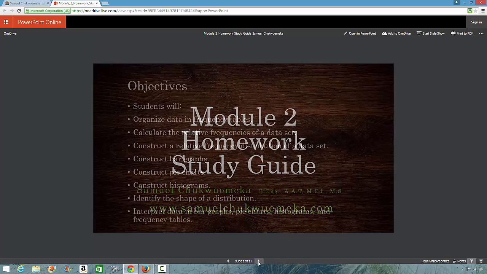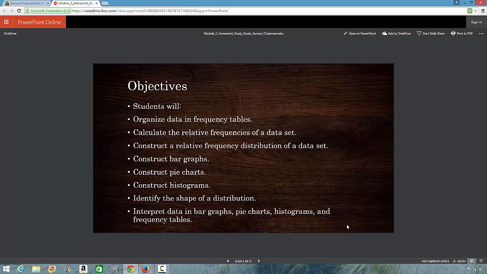What are the objectives? We will organize data in frequency tables. We shall calculate the relative frequencies of a data set. We shall construct a relative frequency distribution of a data set. Then we shall also construct bar graphs, pie charts, histograms.